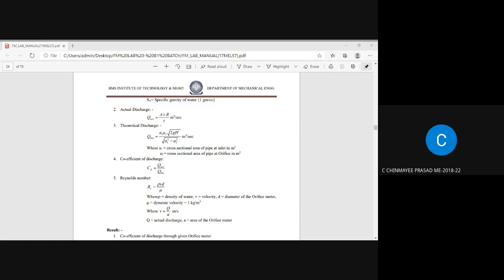0.587 into 10 power minus 3 is theoretical. Actual is 3.0769 into 10 power minus 4. One is -4, one is -3.